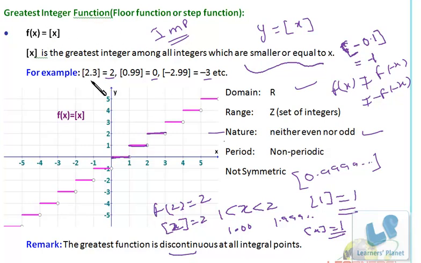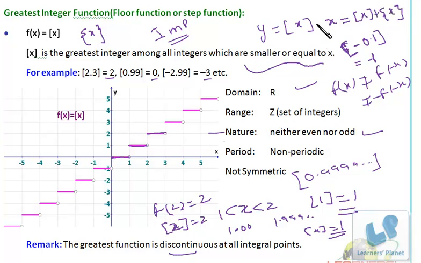And you should be clear, ⌊2.3⌋ is 2, ⌊0.99⌋ is 0, and if we talk about the negatives, then it goes down, right? And this is known as the fractional part. So precisely, a number is the sum of integral plus fractional part.